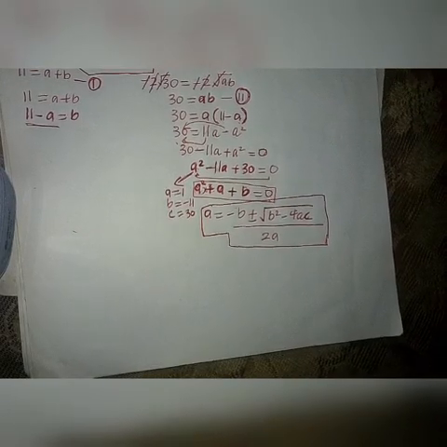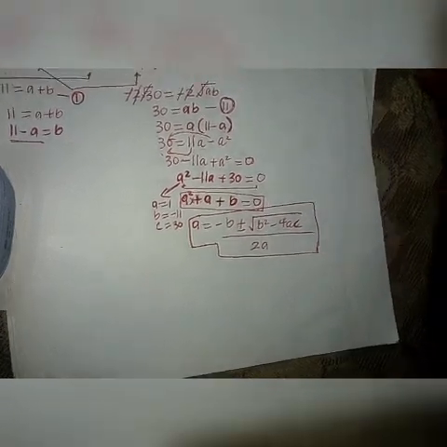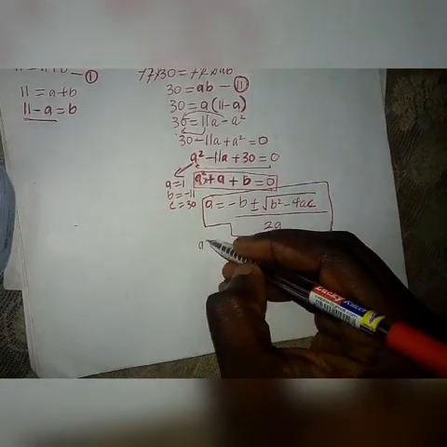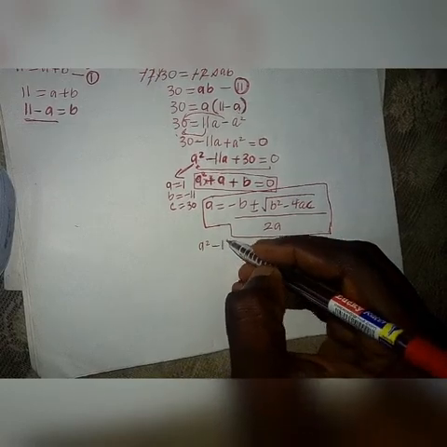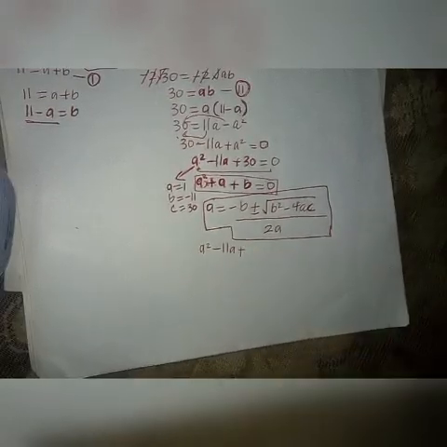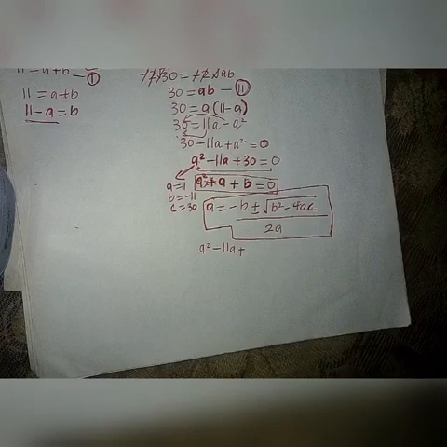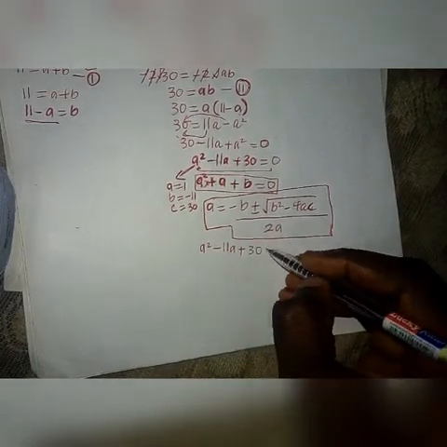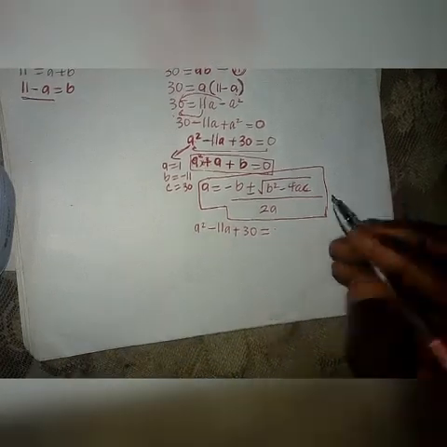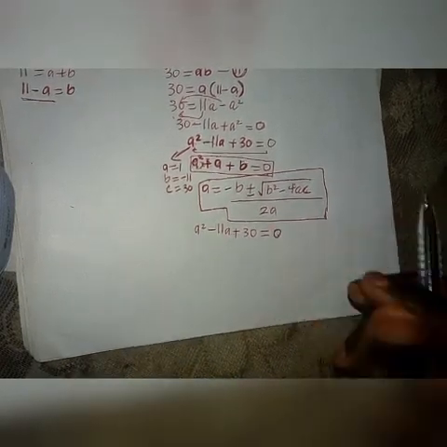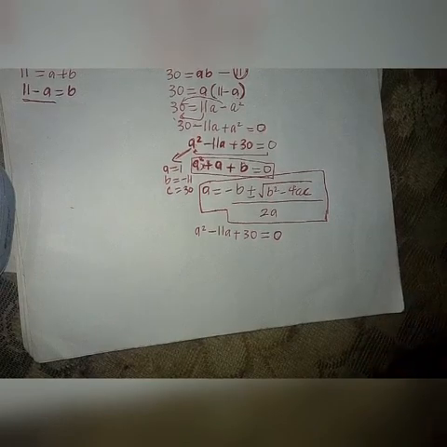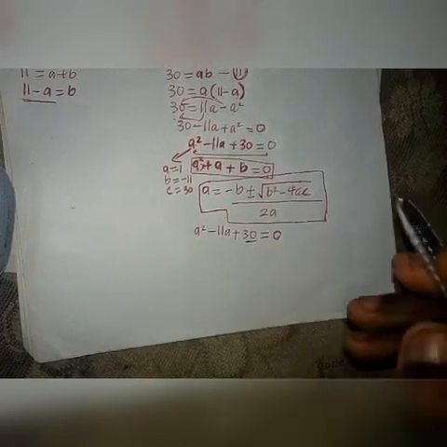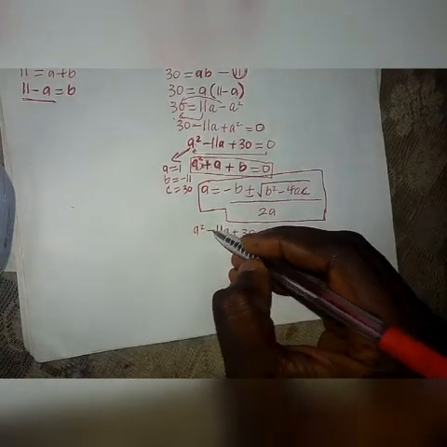Now, but I can also factorize this, without using the quadratic formula. So if you want to factorize, we think of two numbers that if you multiply together, will give you 30, and if you add them together, you will have minus 11.